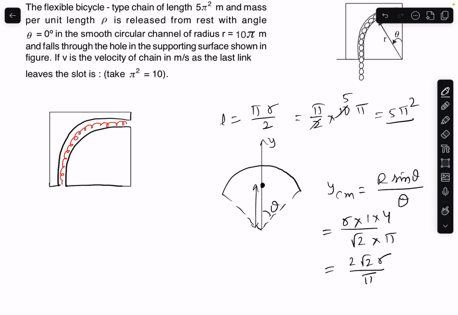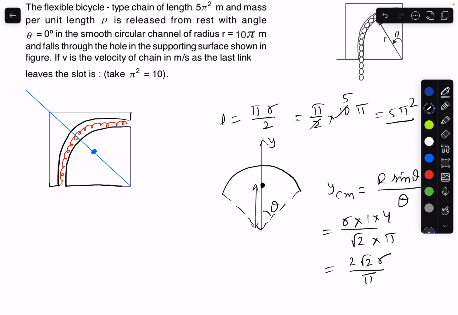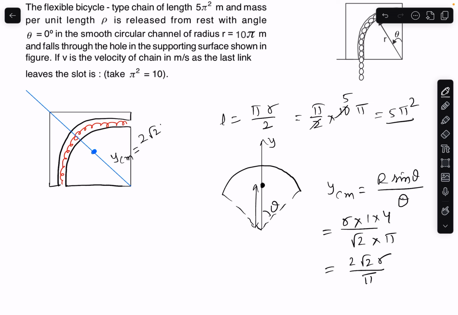And from the given diagram, if we try to locate this y_CM of the chain initially, then it will lie somewhere here. This will be y_CM, equal to 2 root 2 r upon π, at 45 degrees.